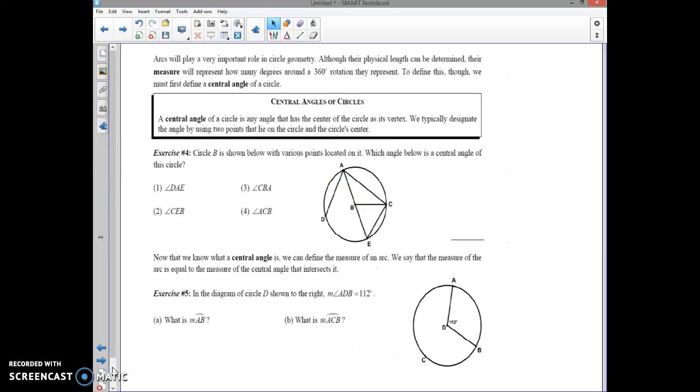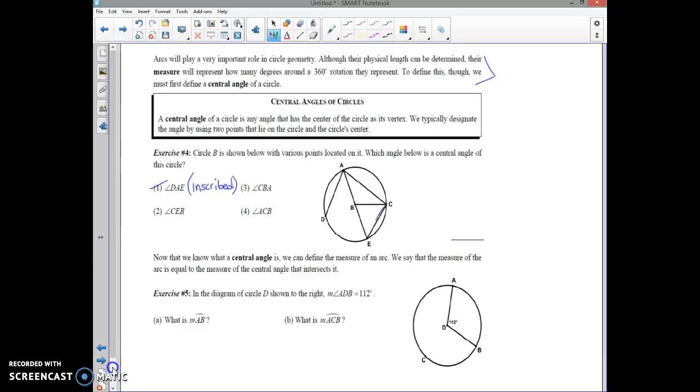So again, the paragraph is still on here. We kind of drew a picture that goes with this. So central angles touch the center. In this case, it says circle B is shown to have various points within it. Which angle below is a central angle? So if we look at this, DAE does not touch the center. This is actually an inscribed angle, touches the outside of the circle, so that is not the choice.